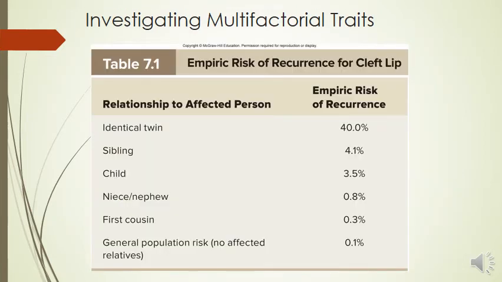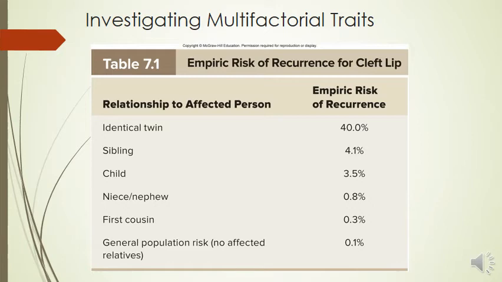Empiric risk is not a calculation. It is a population statistic that's based on observation. Therefore, if a trait has an inherited component, then it makes sense that the closer the relationship between two individuals, one of whom has the trait, the greater the probability that the second individual has the trait too, because they share more genes.